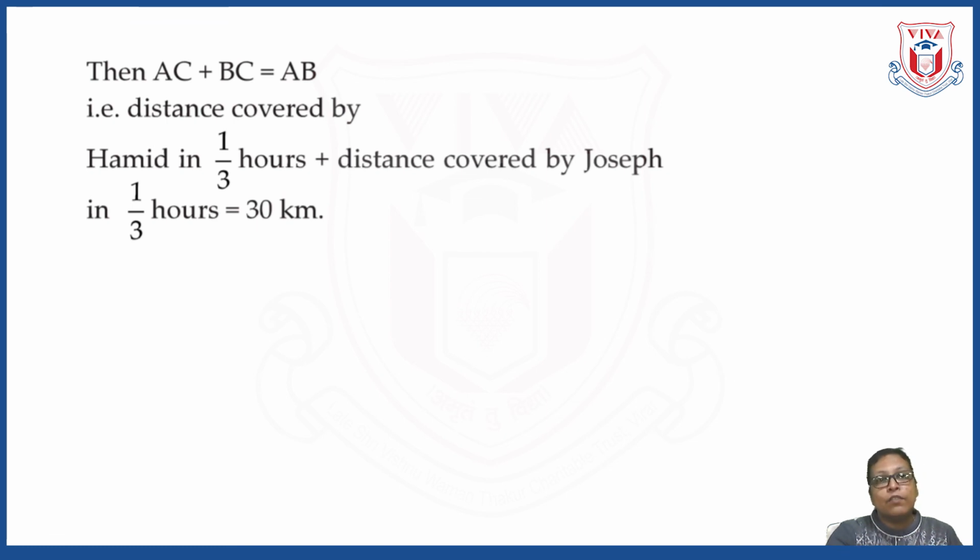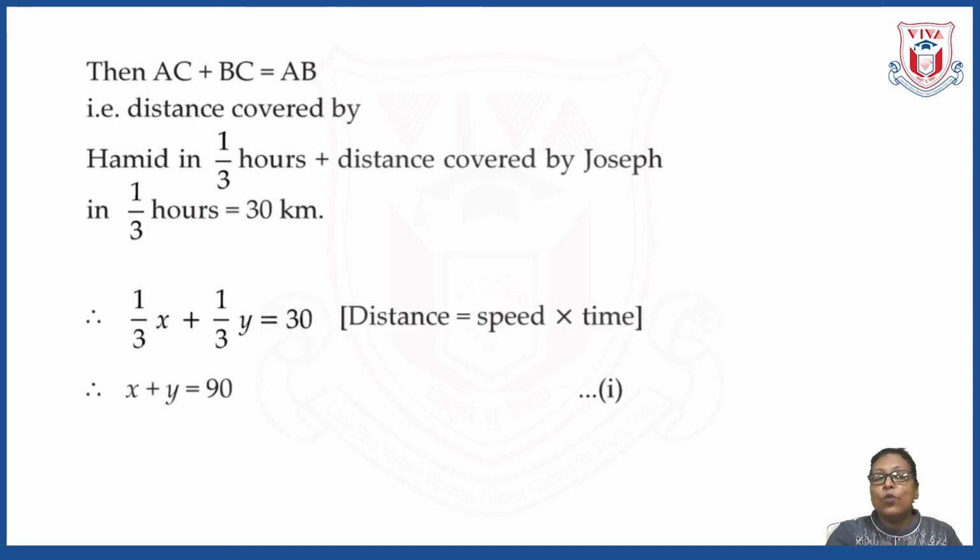Speed of Joseph is y and time is the same. So let us make use of the formula and write down the equation. Therefore, 1 upon 3 x plus 1 upon 3 y is equal to 30. And if we write it properly, multiplying the equation by 3, we get the first equation as x plus y is equal to 90. So by making use of the first condition, we found out the first equation.